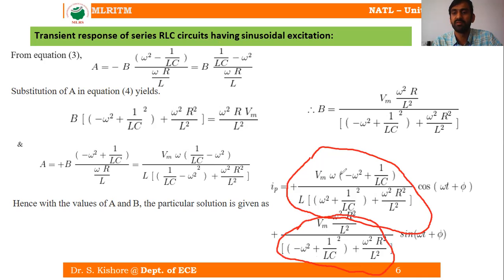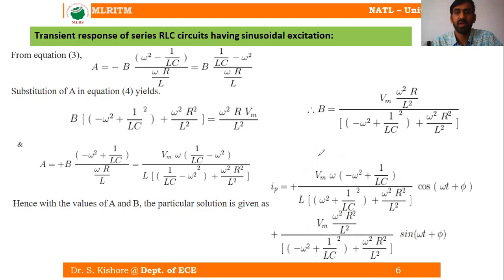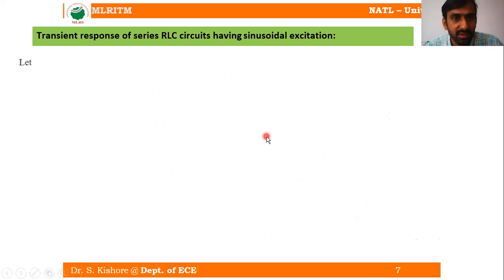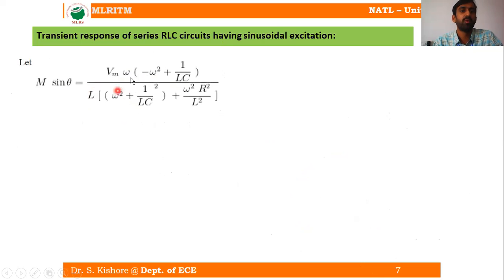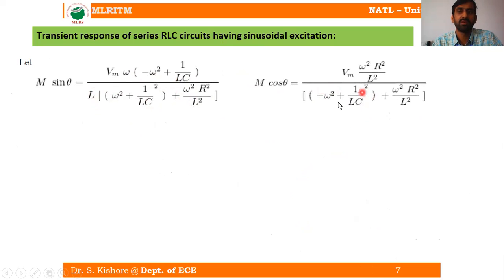Why am I using theta here? Because we have already used phi. So let us consider m sin theta is equal to Bm omega, the coefficient of A over here, and m cos theta is equal to this one, the B value.